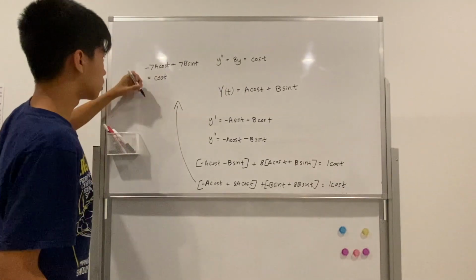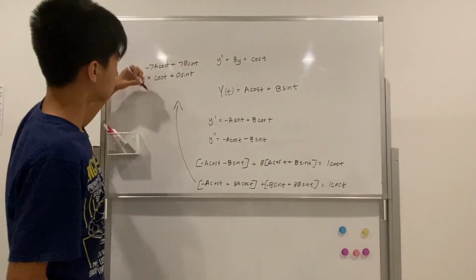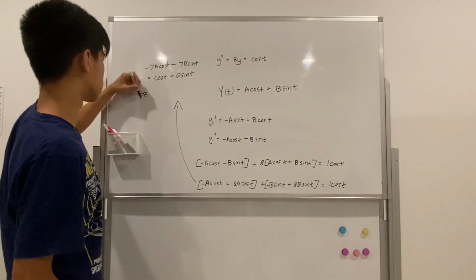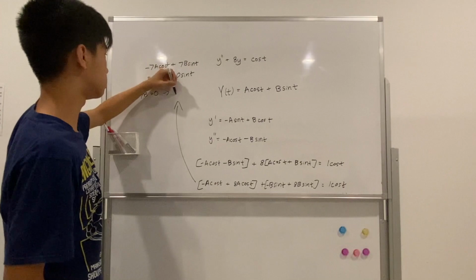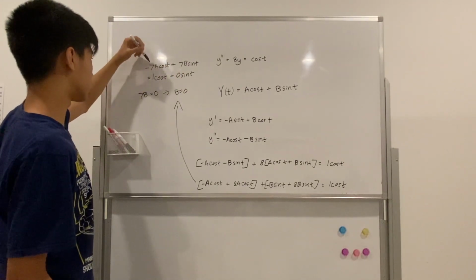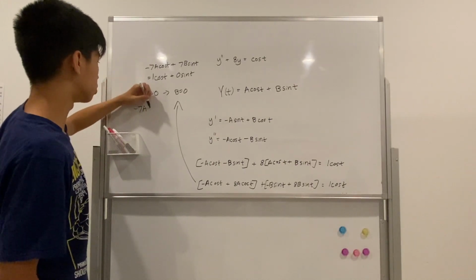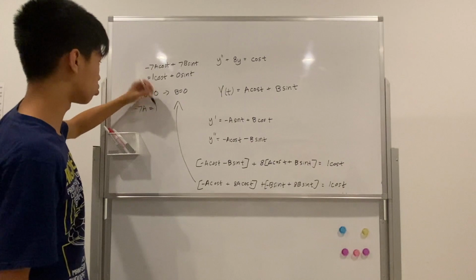So, since there is no sine of t here, b can just simply equal 0, because 7b equals 0 means b equals 0. But since there is a cosine on the right and there's a cosine on the left, you can set 7a equal to the coefficient on the right, which is just 1.